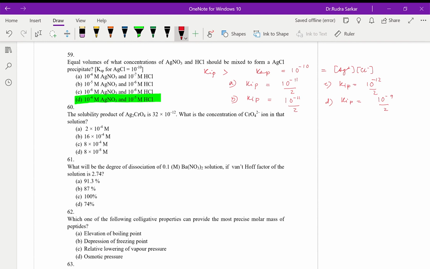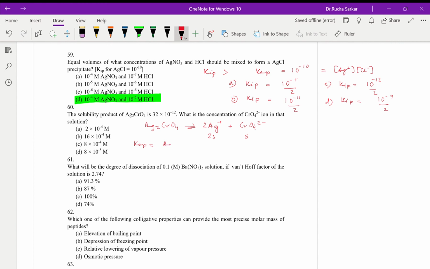So here Ag2CrO4, if we think of it as sparingly soluble, then it becomes 2Ag plus and CrO4 2 minus, so this is like 2S and this is like S.